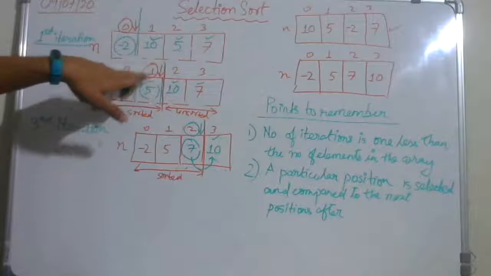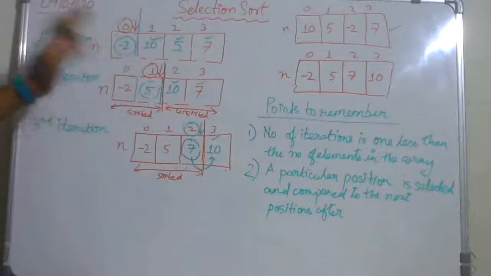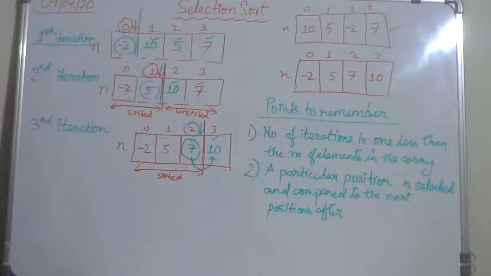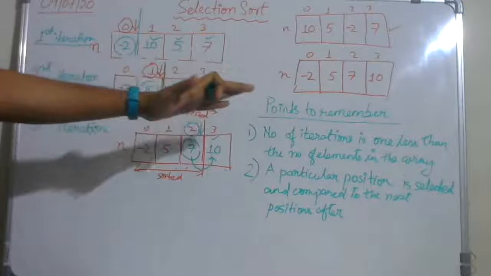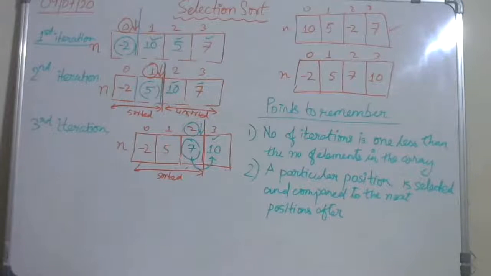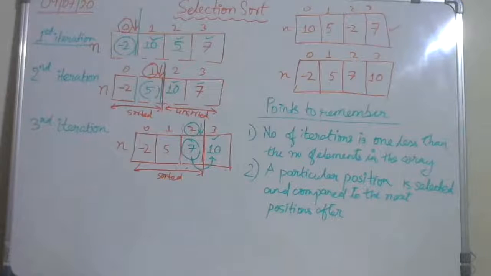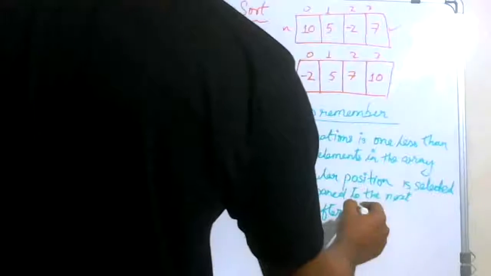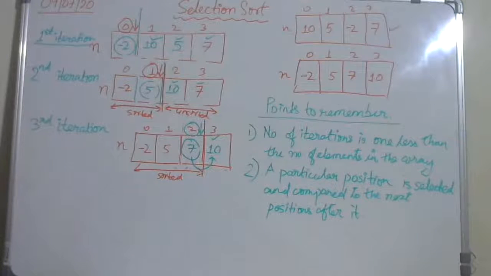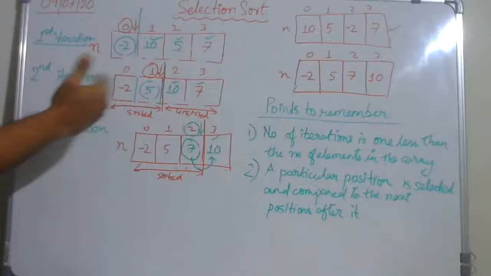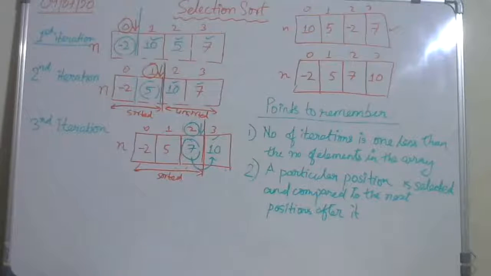So let's say the first position is selected; it's never compared to a position that comes before the selected position. It's always compared to positions that come after the selected position. So that is what is meant by the second point. A particular position is selected and compared to the next positions after it, not before it. The elements before are not compared against, only the elements after the selected position are compared to.